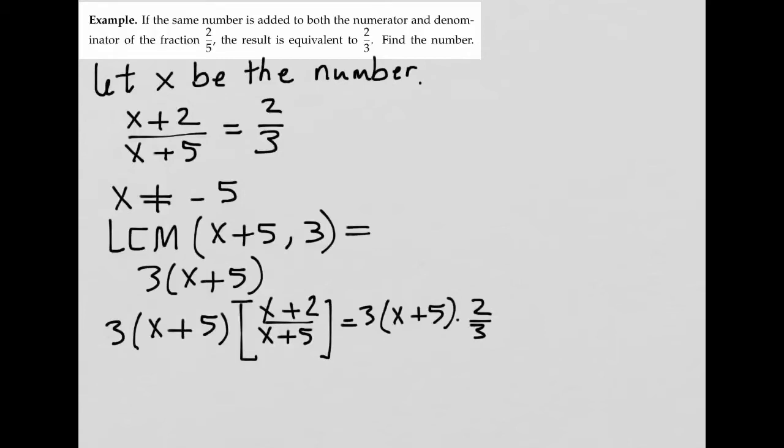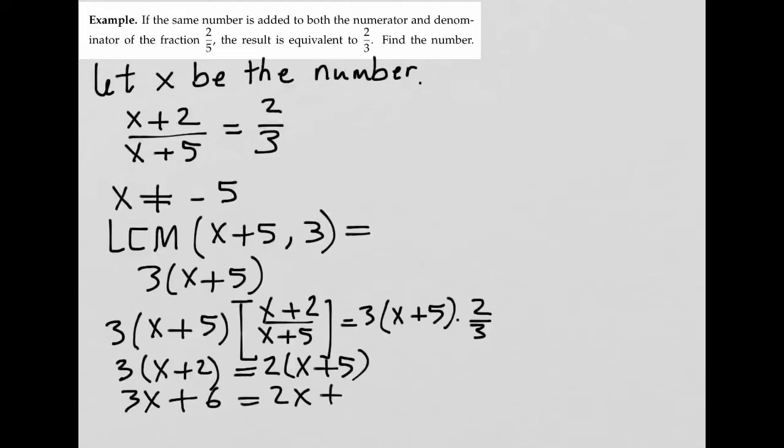The left-hand side is simply 3 times x plus 2, because x plus 5 cancels with x plus 5. And the right-hand side is simply 2 times x plus 5. This yields 3x plus 6 equals 2x plus 10.